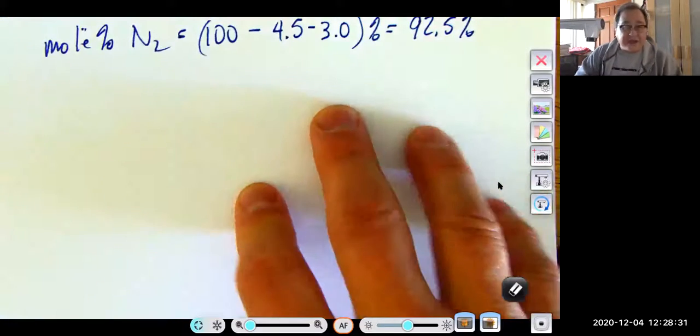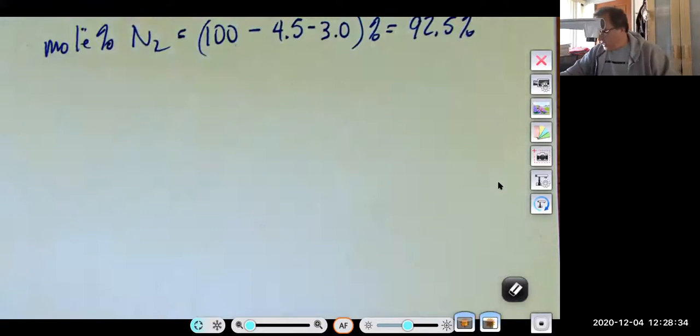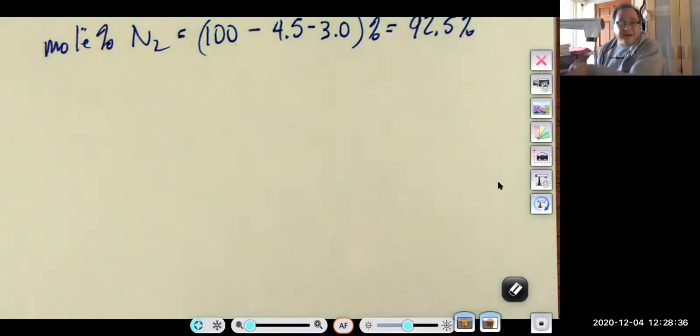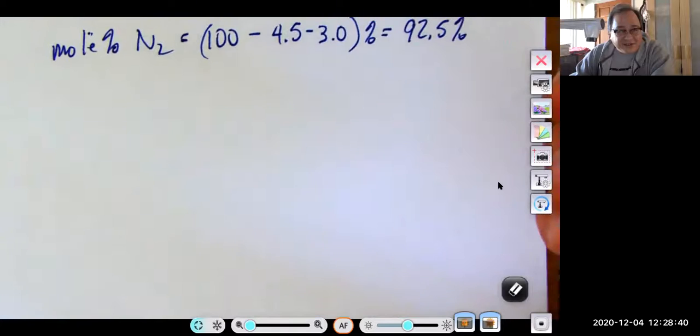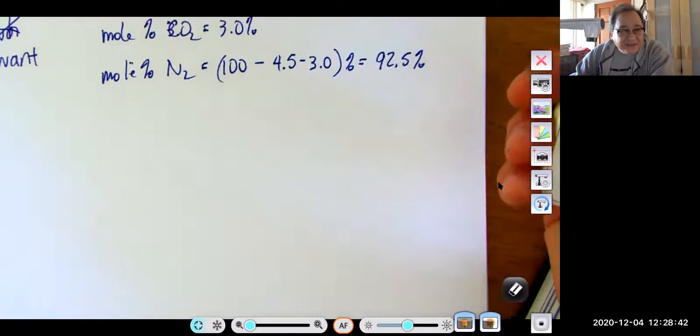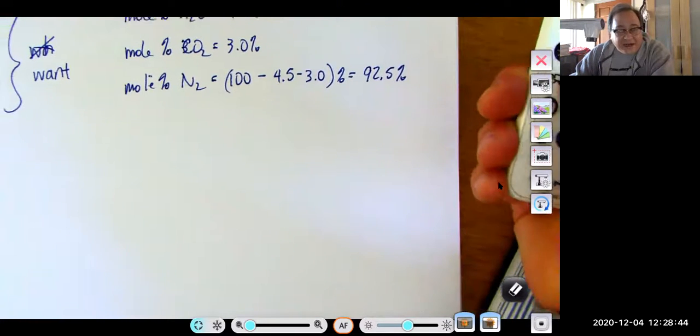So does everyone understand? Let me zoom out so you can see what I've written. Sorry about that. Once I start solving it, I get carried away.